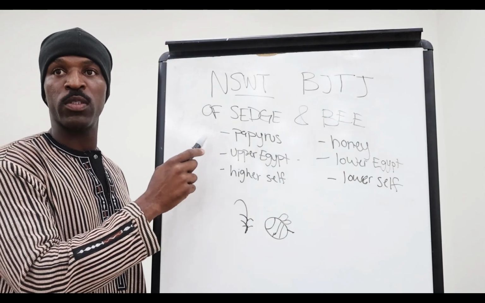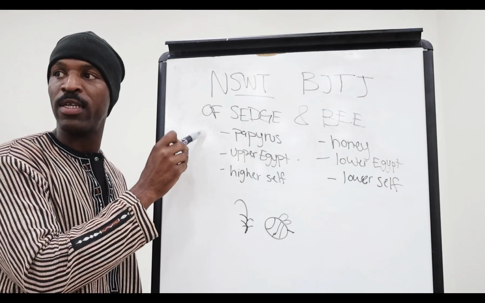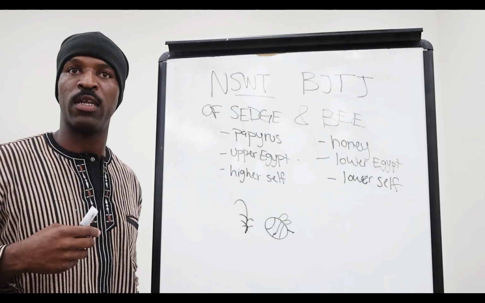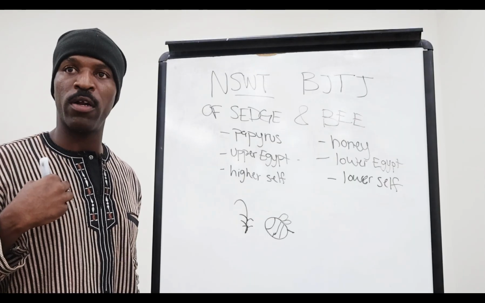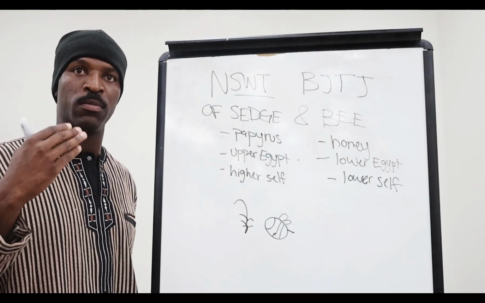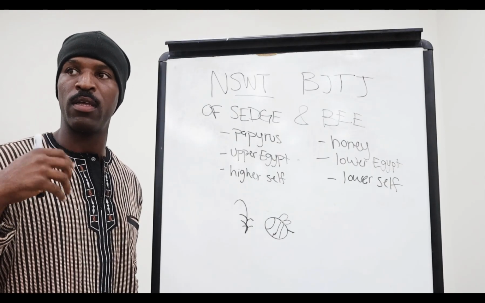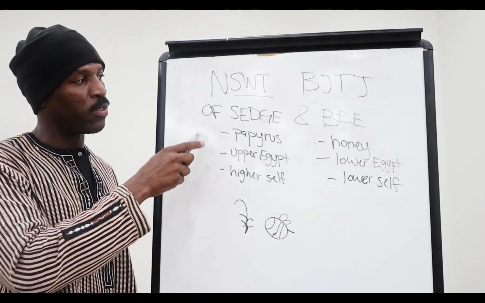The papyrus, which was the first form of paper, very few people knew how to write. It was a symbol of intellect, right? The upper self is associated with the heart, the mind, and the voice. Intellect, matters of the heart, matters of the voice, using your words wisely. When you're able to control your speech, you're able to control your thoughts, right? Control your emotions, right? That was the sedge.